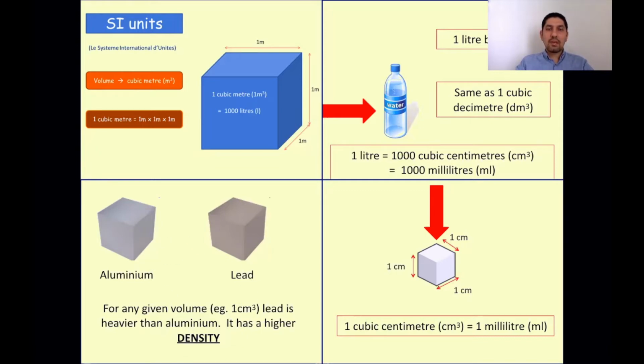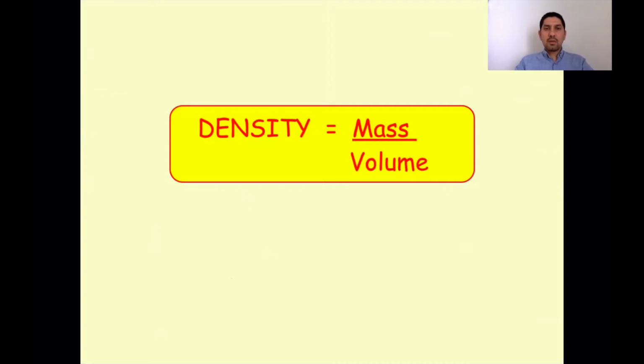So density does not only depend on the volume, it also depends on the mass, as we stated in the definition of density. So density is calculated by this equation: density is equal to mass over volume. We use this equation to do calculations about density.